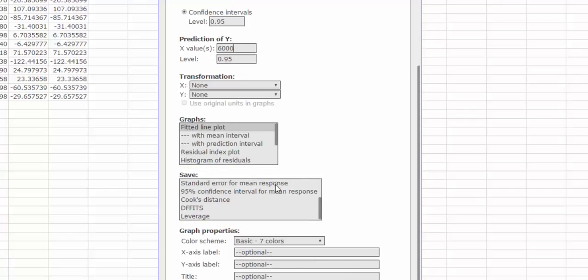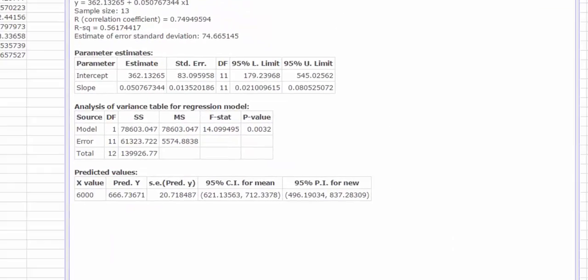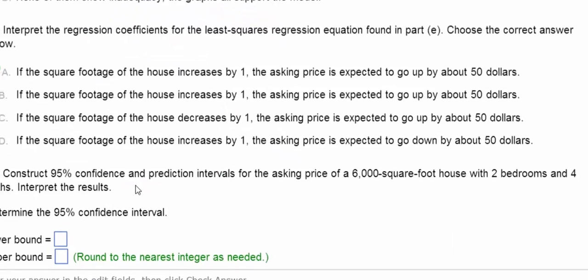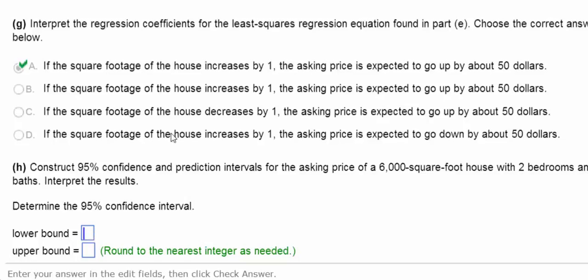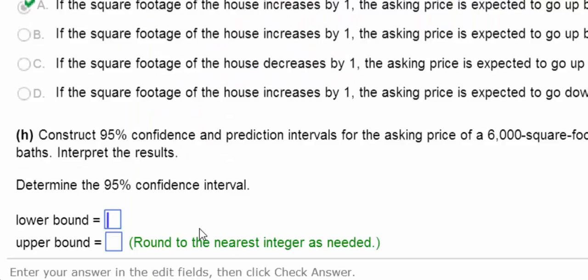Let's just see if there's anything we need here. And down here it says predicted value, and it says confidence interval for mean, and then our prediction. So for the confidence interval, my lower bound will be the 621. And it says round to the nearest integer, so 621 is all we need.